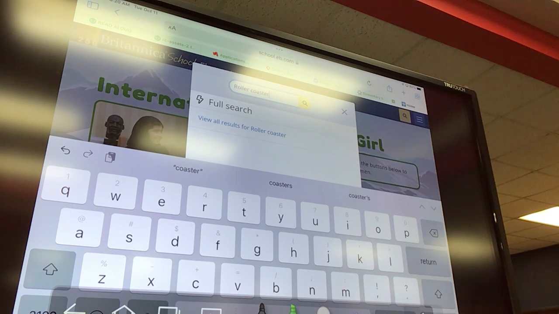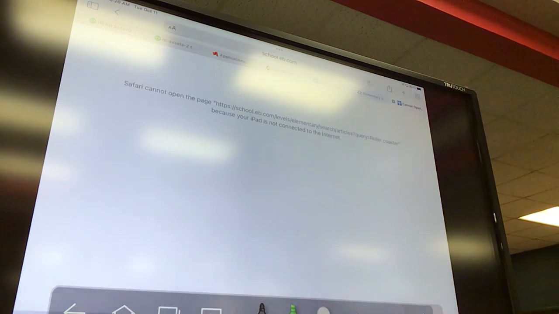You click search roller coaster. It's spelled right there. If you're done, you can click the next button to search. Or hit return on your iPad. Hit enter or return on your iPad. Perfect. Okay, so let's look at some of the results we got.